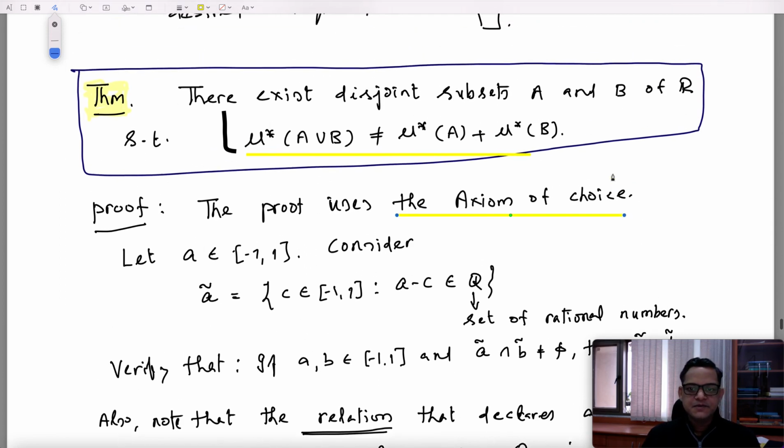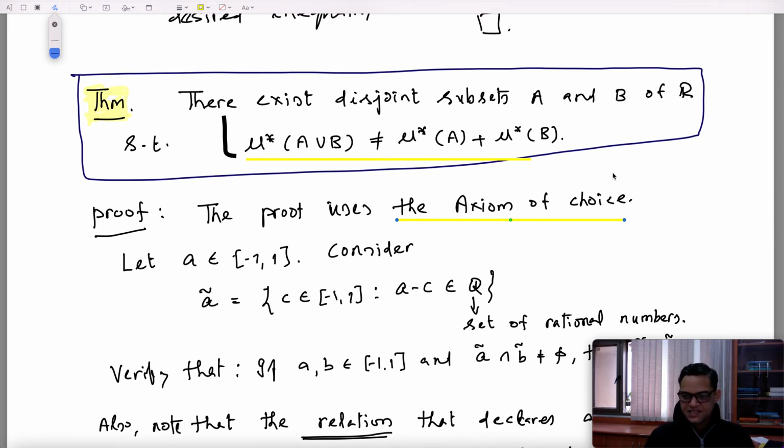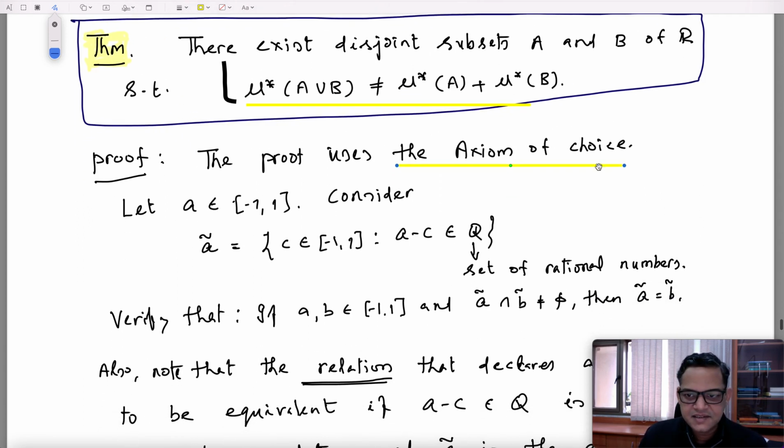Okay, so what we will do is construct a sequence of sets using this axiom of choice, and we'll show that if we had additivity, then we will basically get a contradiction. This is very typical.